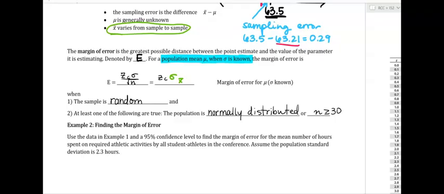The central limit theorem told us probabilities that a mean was greater than a certain value or less than a certain value. So we're now finding the probability that a mean is between two values. That's what we're doing with these confidence intervals. And in order for us to do that, we do need the central limit theorem.